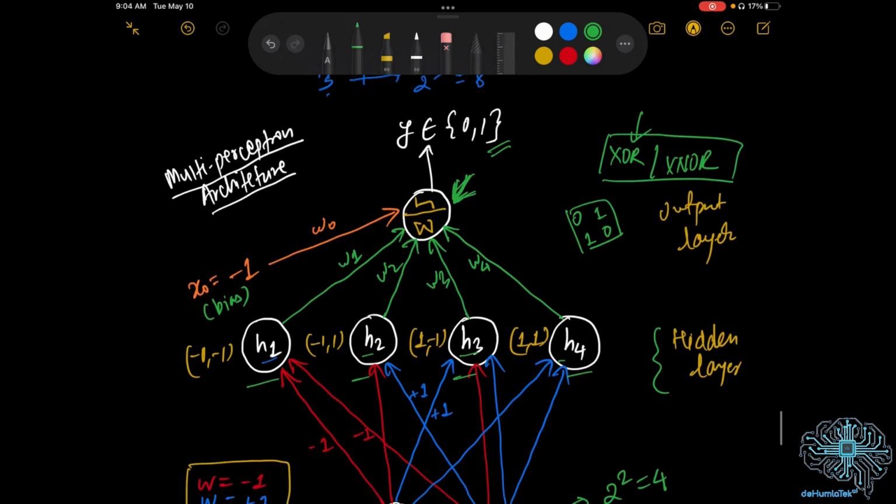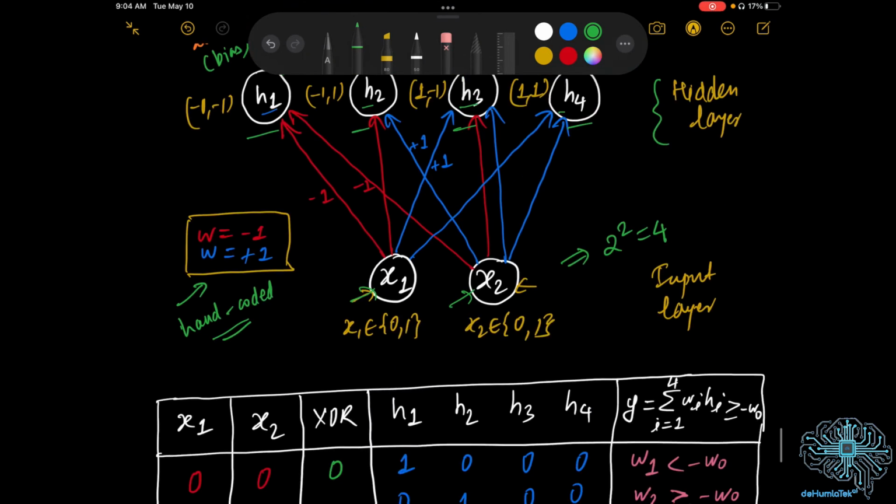We don't need to worry about whether the perceptrons in the hidden layer fire or not. It doesn't matter. But for this input, the output perceptron needs to fire, and for that we have to learn these weights.